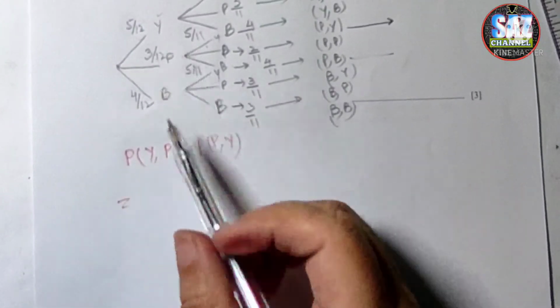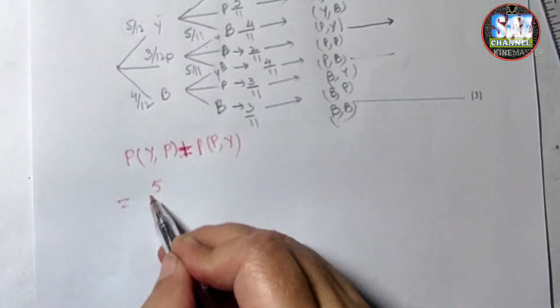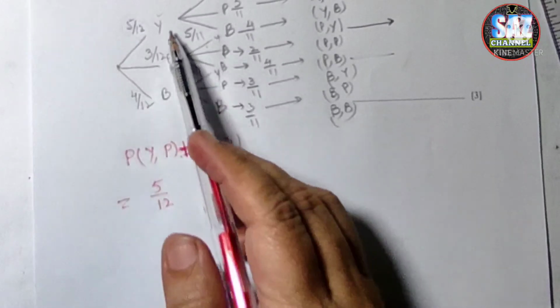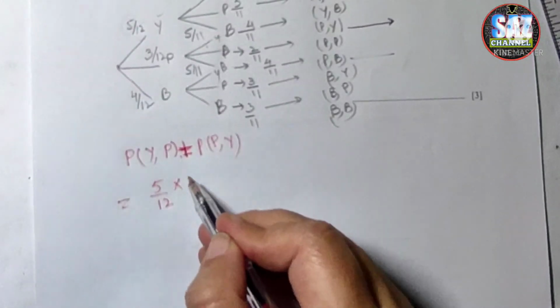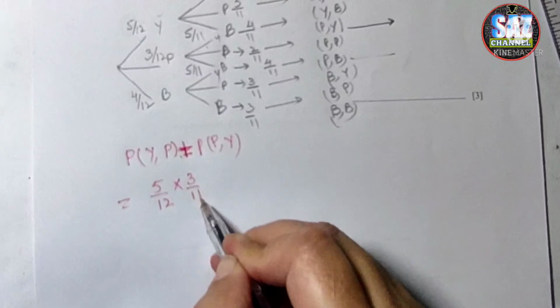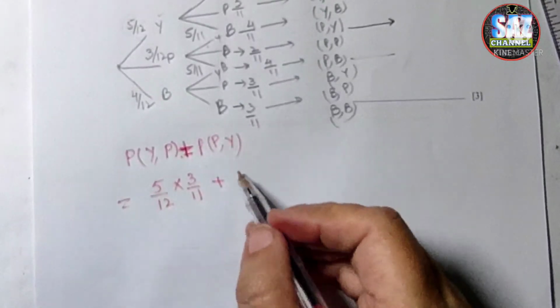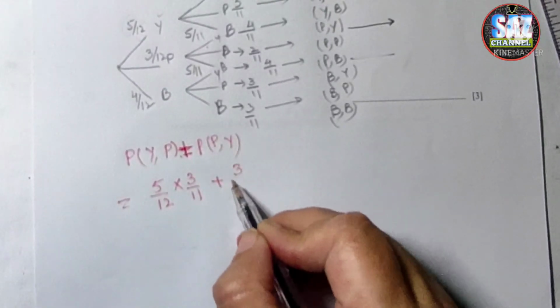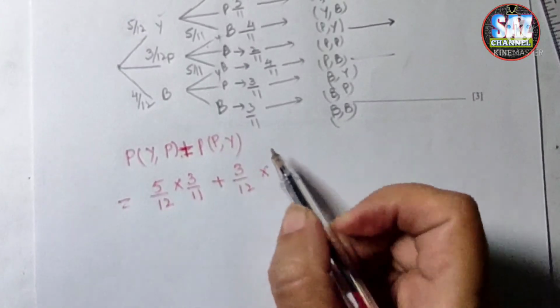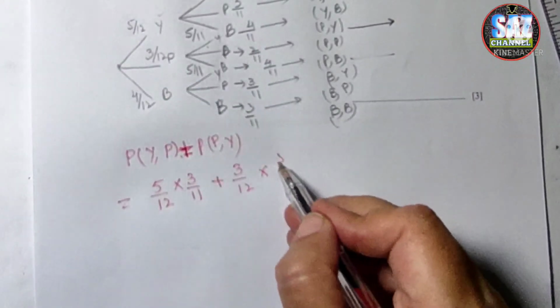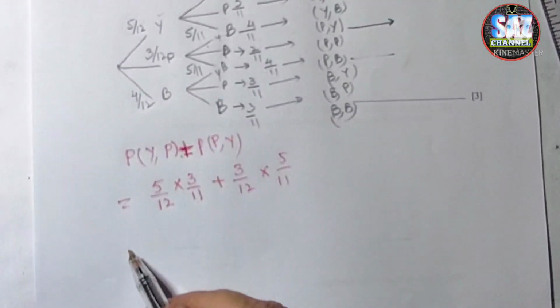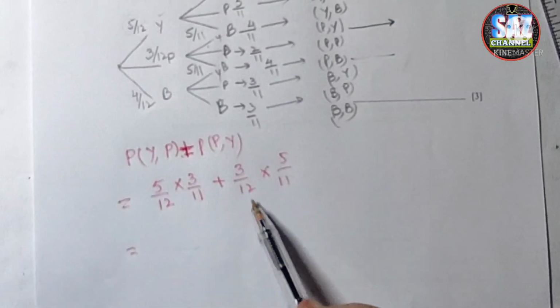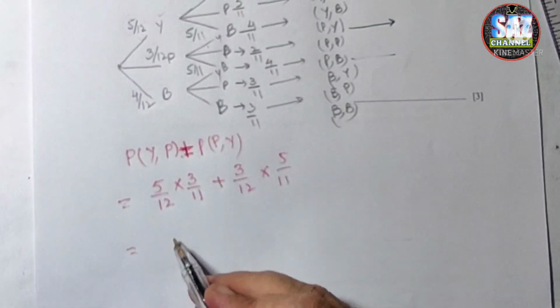So yellow with pink, chances are 5 by 12 and pink 3 by 11, plus pink, if I'm picking up first, 3 by 12 multiplied by 5 by 11. If we look at the denominators, they are same, and numerators are also same.